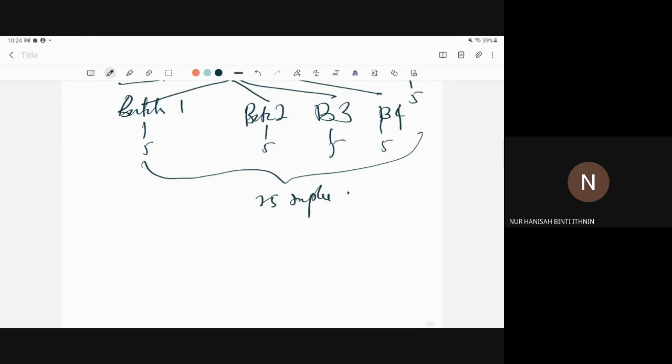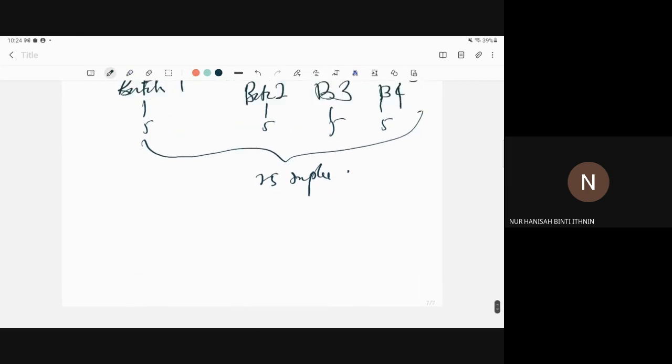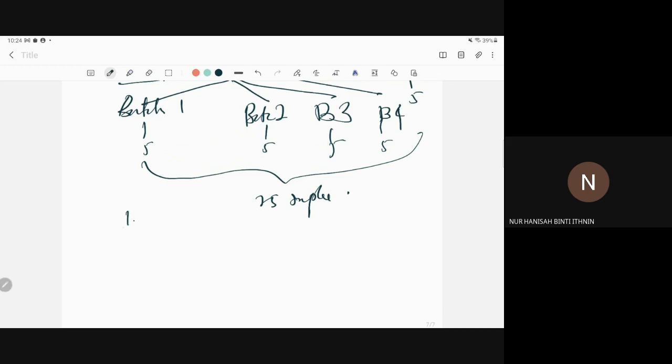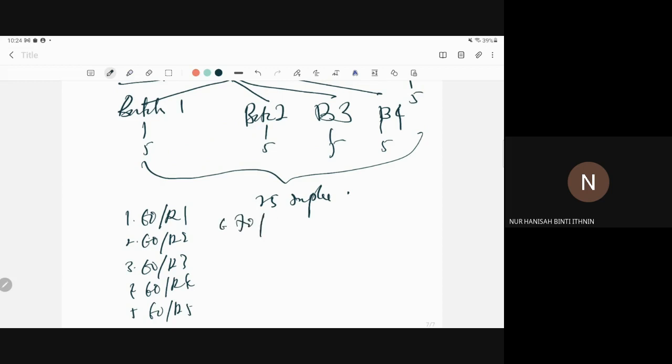Especially when you want to randomize it, you have 60 rep 1, 60 rep 2, 60 rep 3, 60 rep 4, 60 rep 5, and then 70 rep 1, and so on. Then this is 80, and then this is 90, and then this is 100.